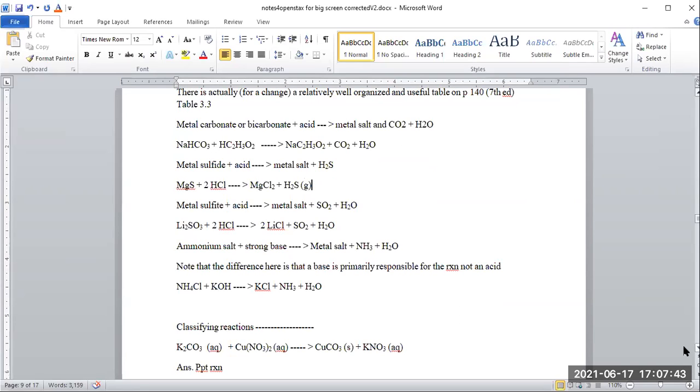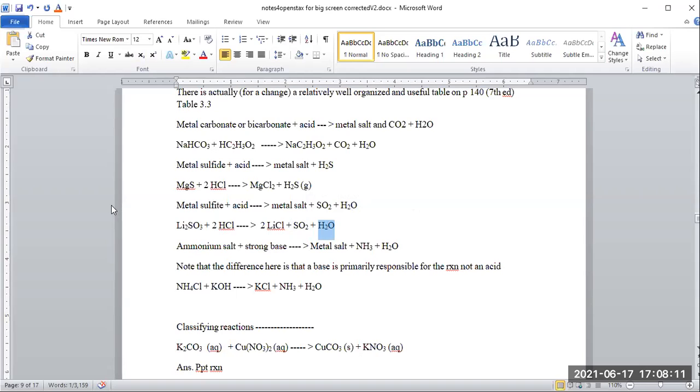So the lithium from my original molecule is going to interact with the chloride from my hydrochloric acid. My SO2 here, this is my gas. And this is another one that has a 3rd product. Water is a byproduct.